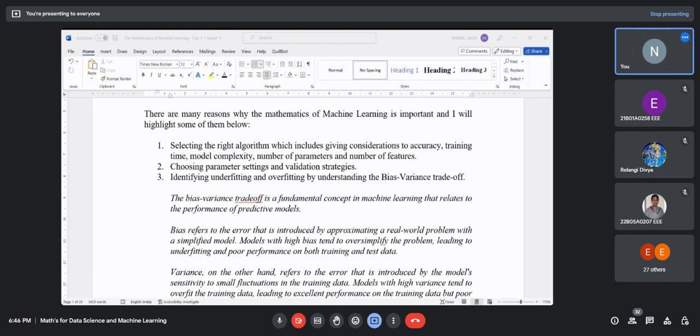Now, underfitting and overfitting, just listen carefully. Underfitting means you have a scarcity of data, you don't have the amount of data for which the model is required to get well trained.